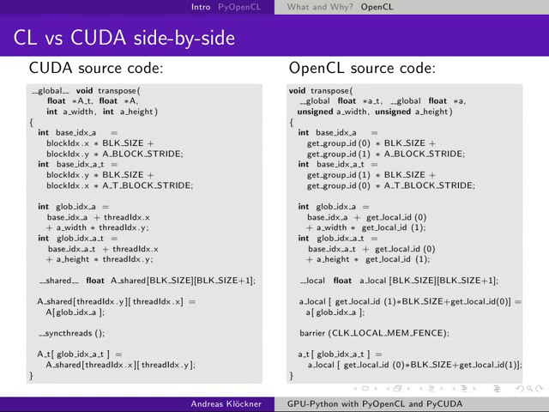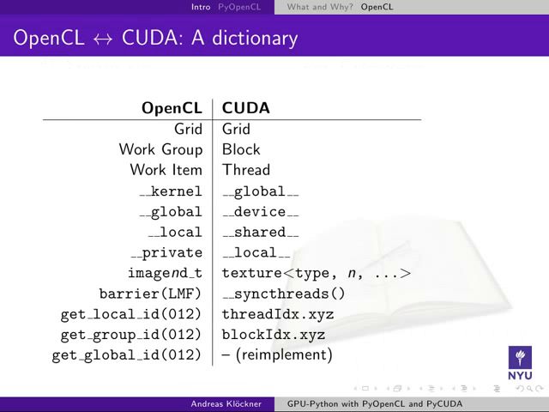So in that sense, you'd also expect that, if there are performance differences between these two programs, they're entirely artificial. Okay. So that gives you an idea what OpenCL is. You don't know much CUDA yet, so this isn't that useful to you, but it just supports the point that there's a one-to-one mapping of concepts between the two.